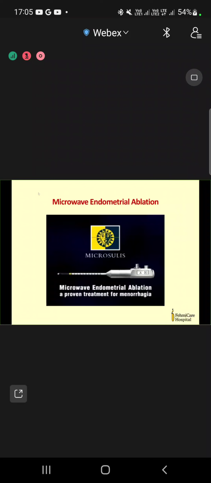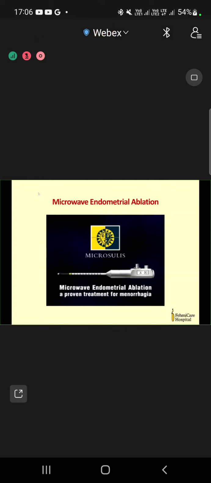And if there are fibroids, even an intramural fibroid distorting the cavity, the previous techniques may not give the best results. Whereas the beauty of the microwave endometrial technique is that even if the cavity is large or distorted with fibroids, it can give a good endometrial ablation and the results are much superior.